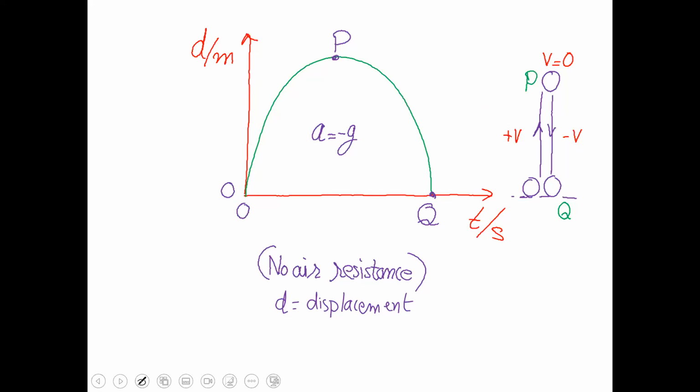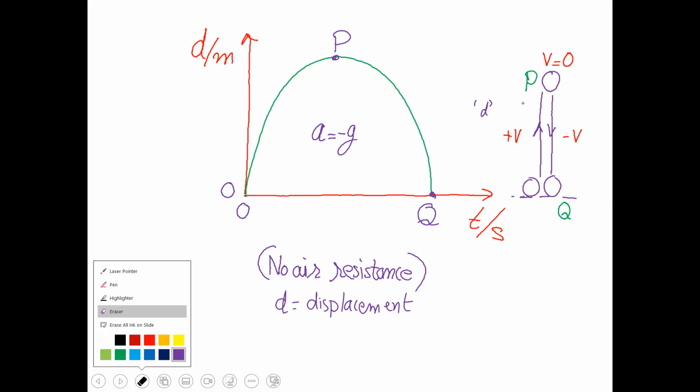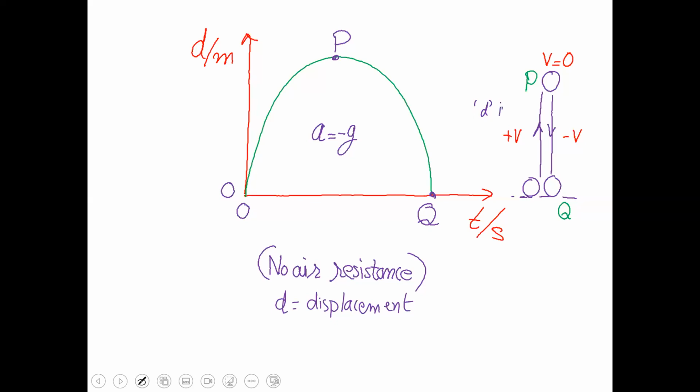Now, for the upward motion, displacement increases, d increases. For the downward motion, displacement decreases. You have to copy this example. This is example number 2.